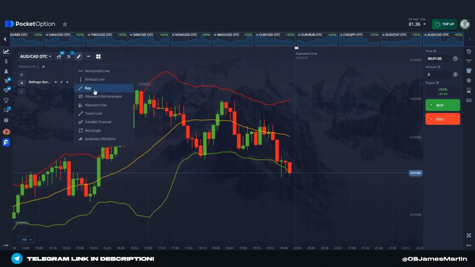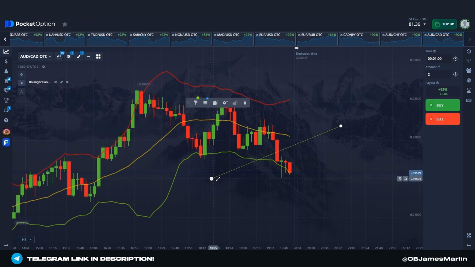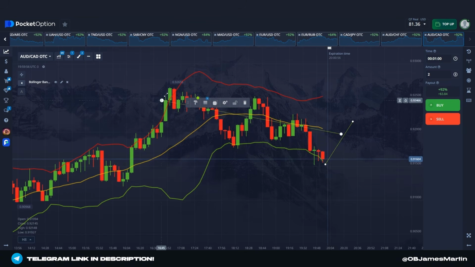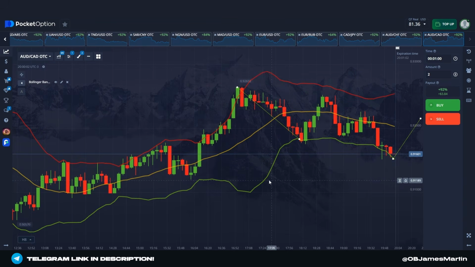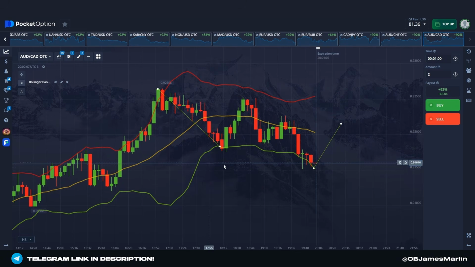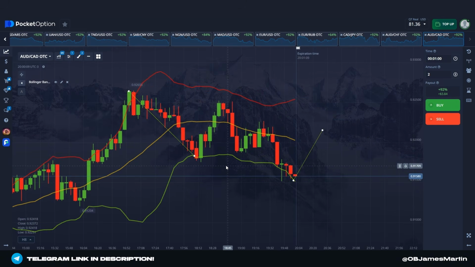To identify current trends in an uptrend, look for higher highs and higher lows. In a downtrend, it's the same thing: lower highs and lower lows. Draw a trend line connecting two significant points. You can make a line with that, or just use the zigzag.